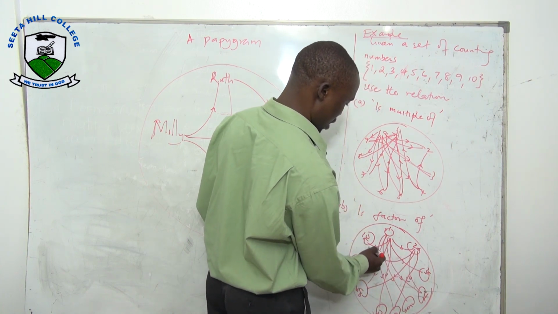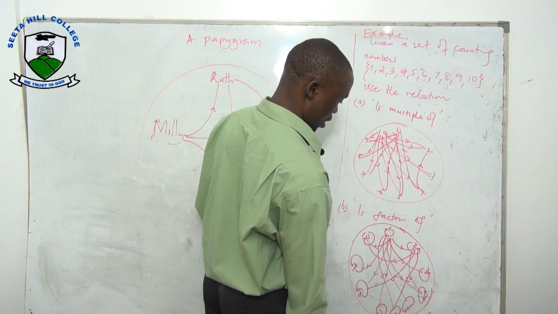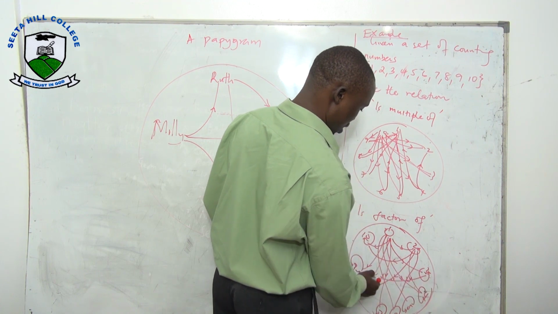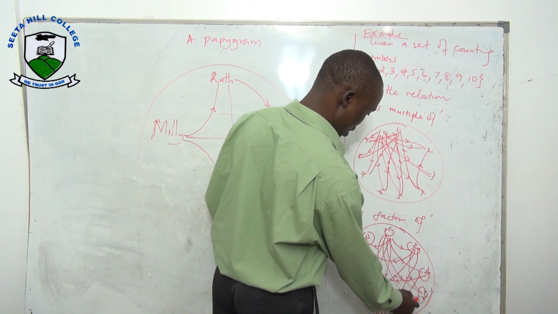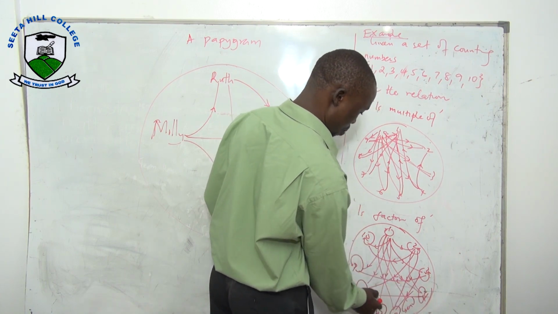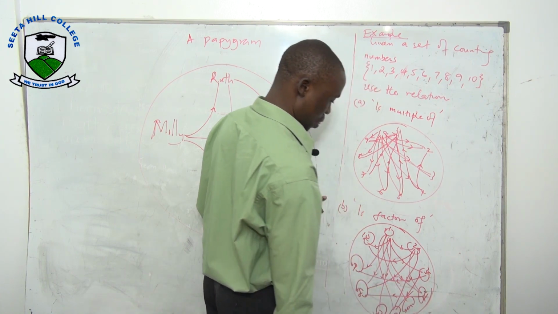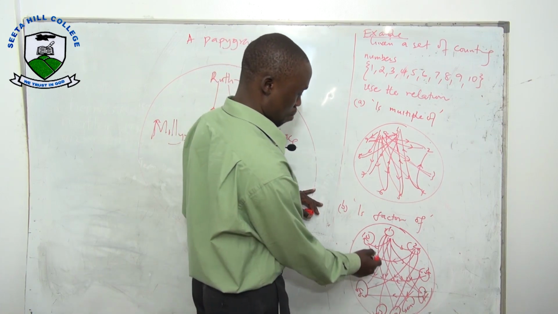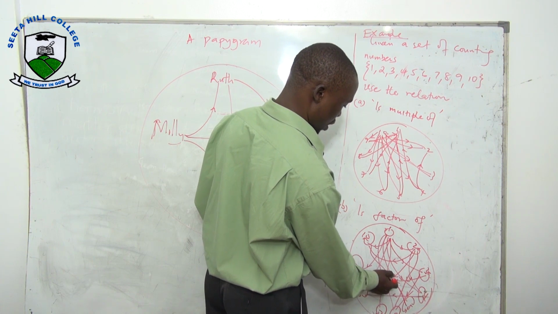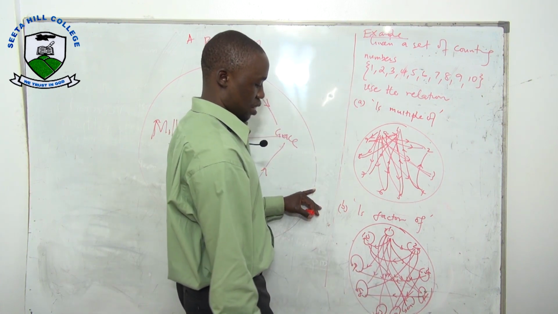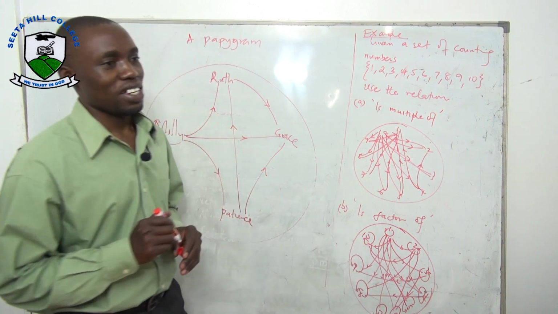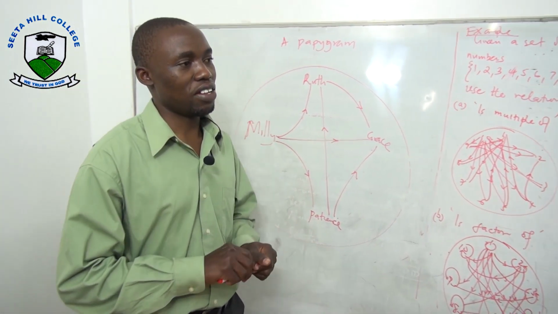Yes. 3 is a factor of 6 and 9. Then 4 is a factor of 8. 5 is a factor of 10. 6 is a factor of itself. 7, 8. That's finished.